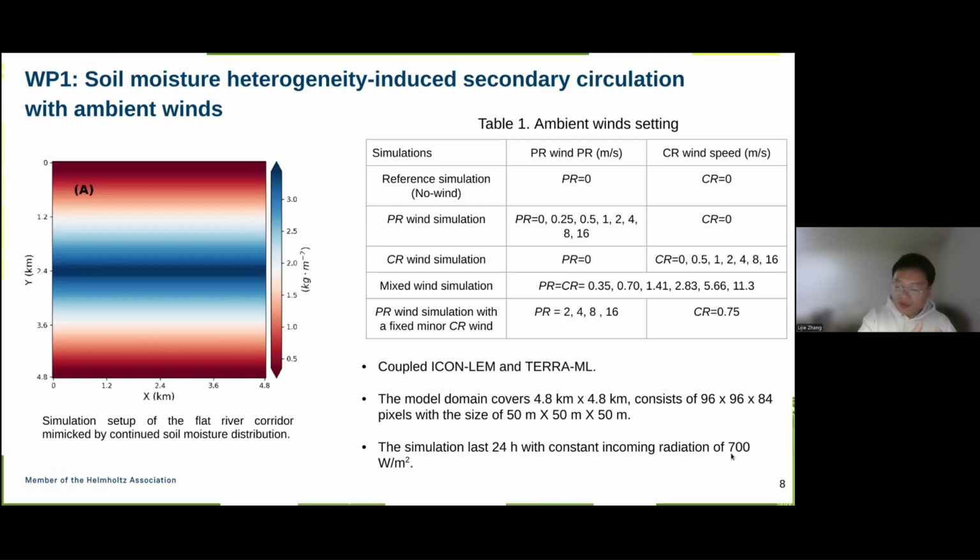We have a river in the middle of the corridor, which is saturated soil moisture, then drying toward the edge. Because of this setup, with constant incoming radiation, you will have different land surface temperatures below, because we have different sensible heat fluxes and different latent heat fluxes.